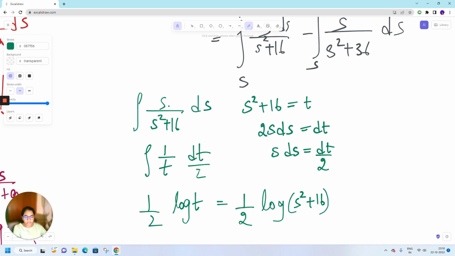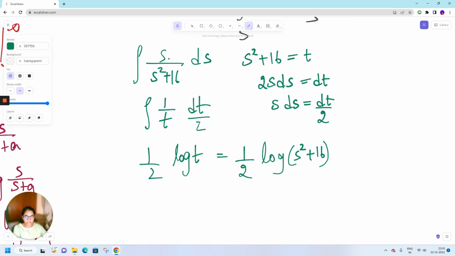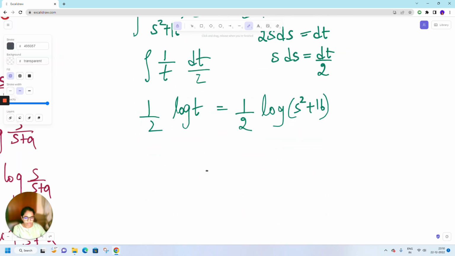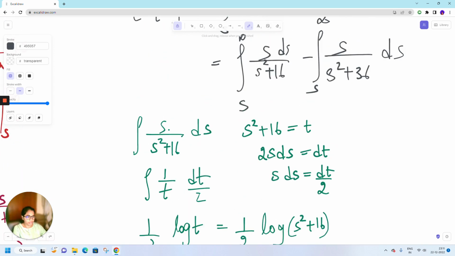Okay, now I can use this as a formula, right? s divided by s square plus any constant is equal to half of log of s square plus that constant. Okay, so let me substitute from equation 1.